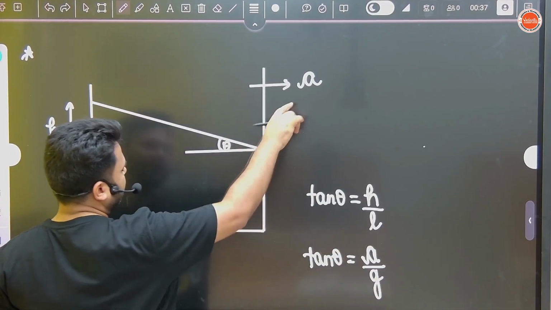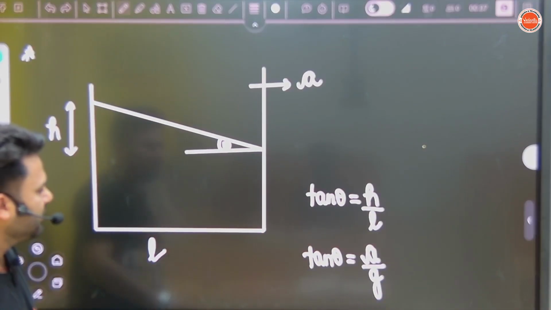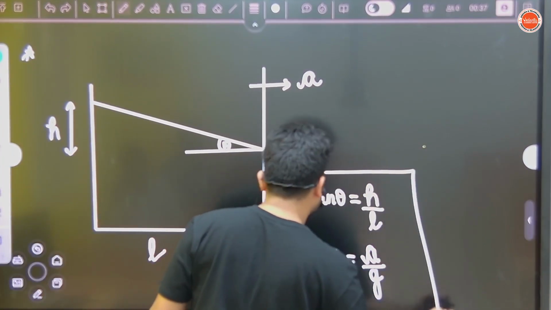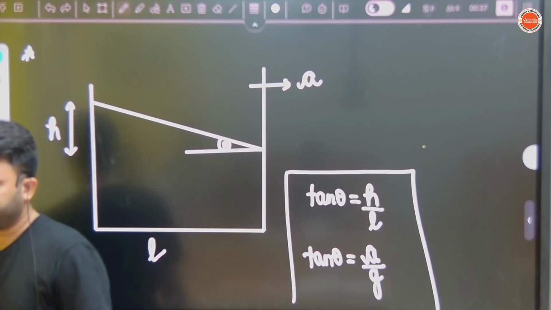How much the container is accelerating divided by g. Tan theta equals A by g. Correct.